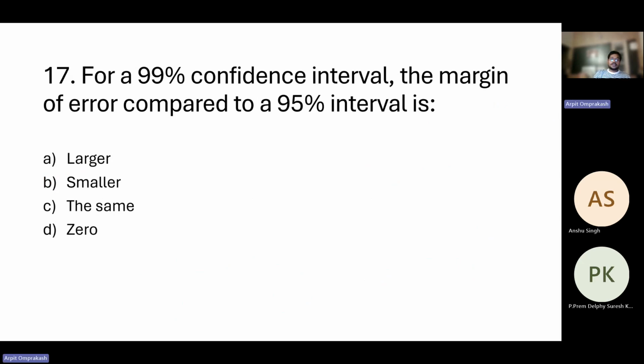For a 99% confidence interval, the margin of error compared to a 95% interval is larger, smaller, the same, or zero.